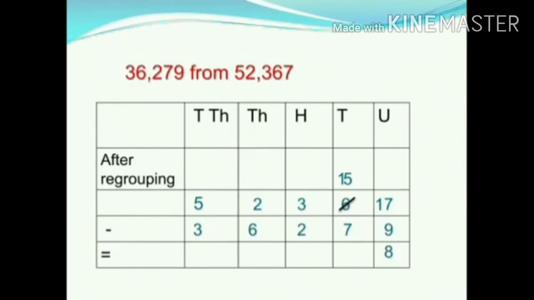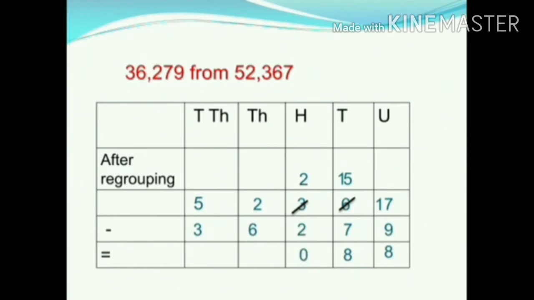After borrowing 100, hundreds place is left with 2 hundreds. Now subtract tens place digits, that is 15 minus 7 equals 8. Write 8 in tens place. Now subtract hundreds place digits. Which numbers are there in the hundreds place? 2 and 2. 2 minus 2 equals 0. Write 0 in hundreds place.